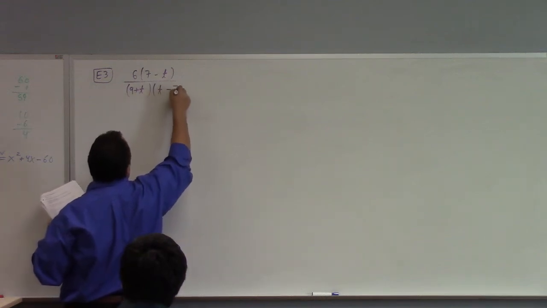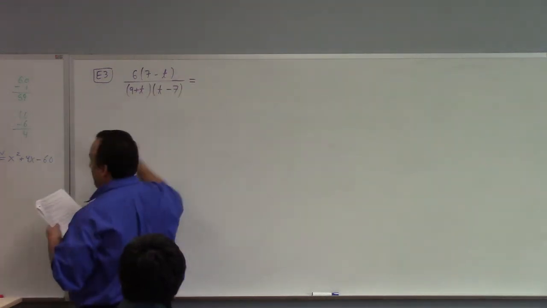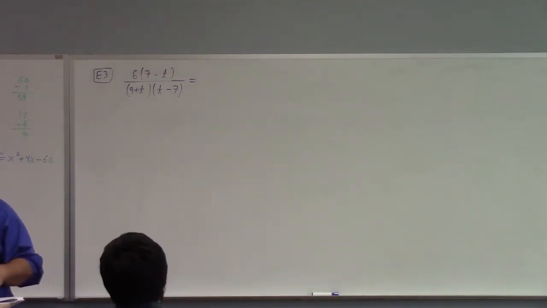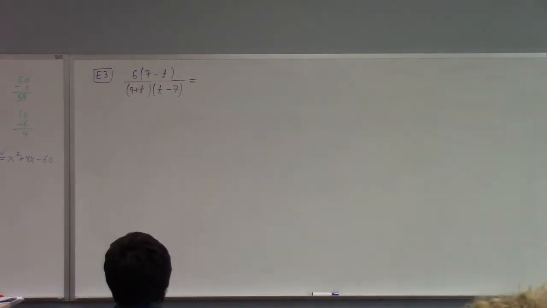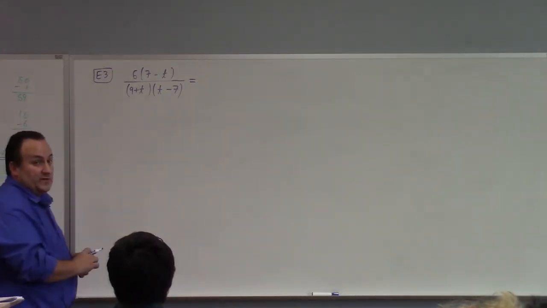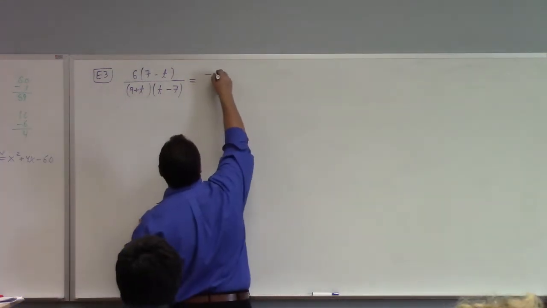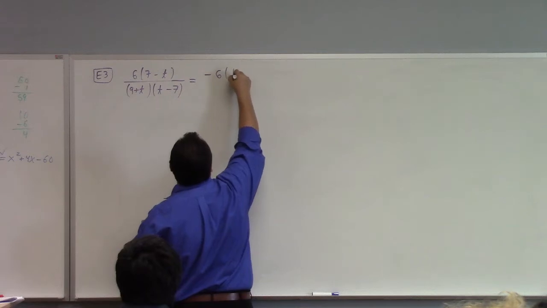Can you simplify this? So how about this? We pull a minus out of the top factor, right? This is minus 6 times t minus 7, right?